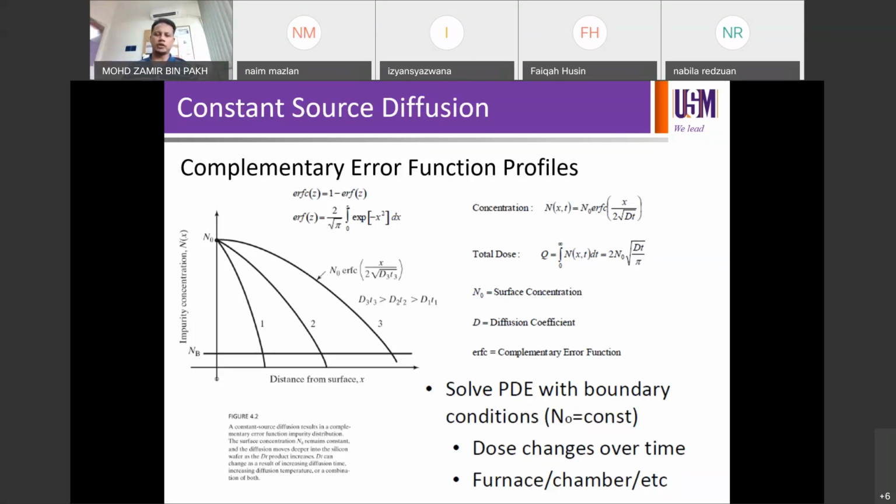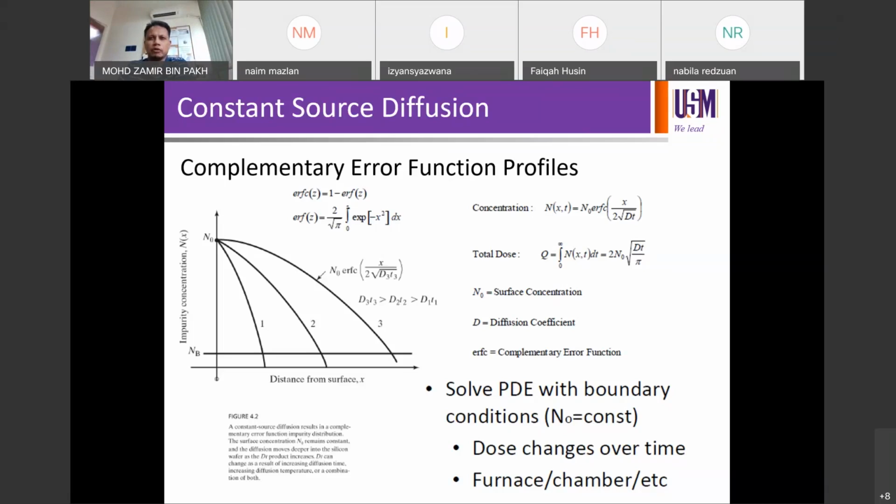These two types of processes are associated with different diffusion profiles or emitter profiles. For constant source diffusion, you will have profiles like the one you see on the page right now.